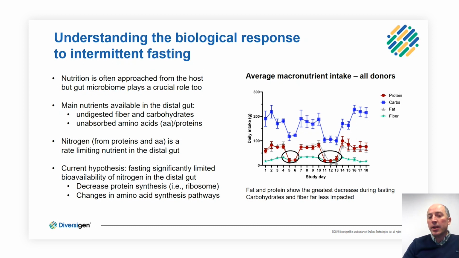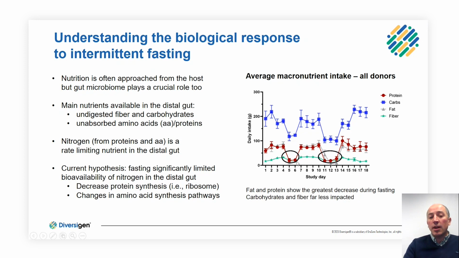When we looked back at the data on macronutrient intake during the intervention study, what was very striking is that most of the macronutrients were impacted by the fasting days. Carbohydrate goes down by a factor of 2, but the most impacted were actually fat and protein, and fiber and carbs were not impacted as much.